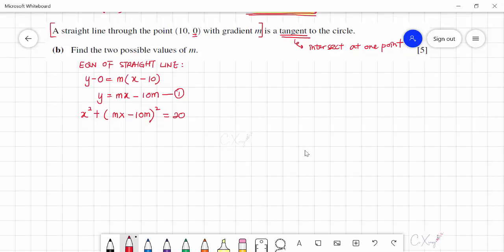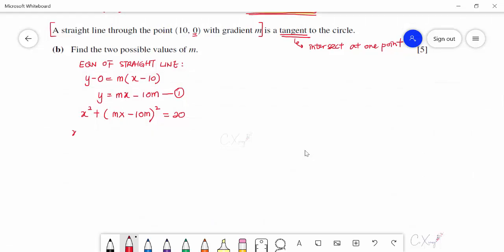Then we do the same thing: we expand everything. After I expand everything, I will have something like this.